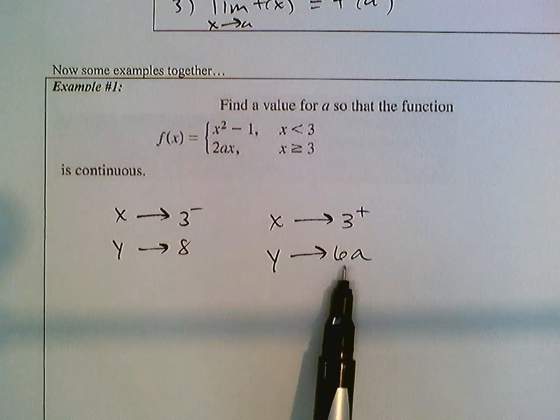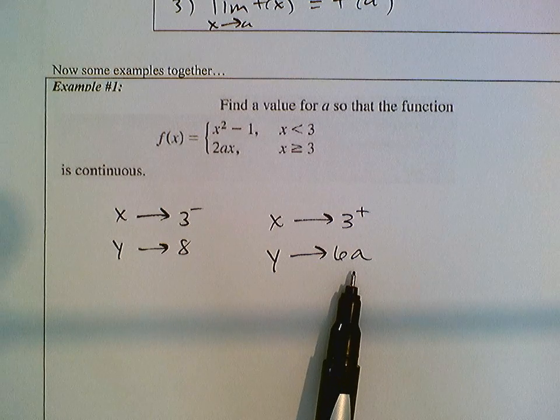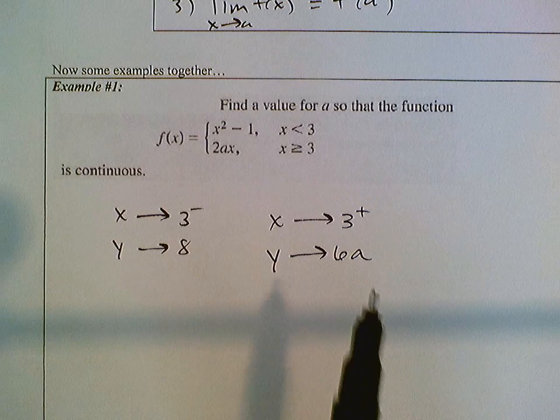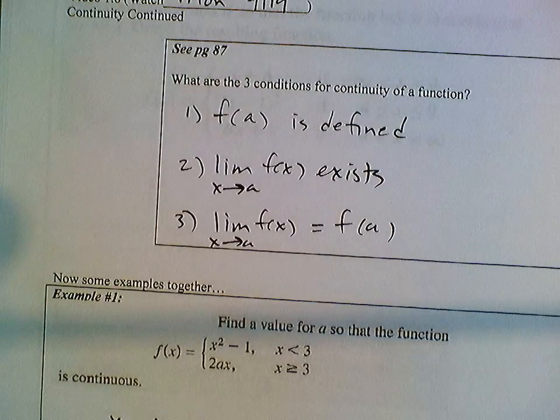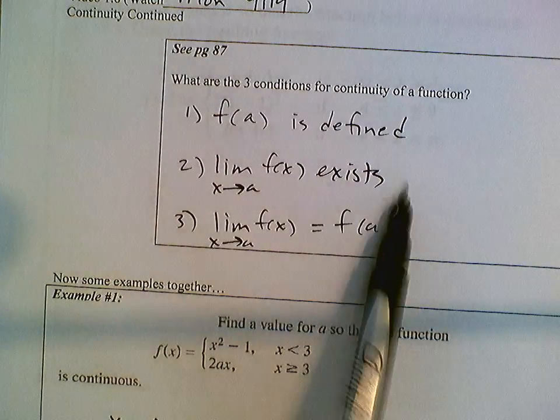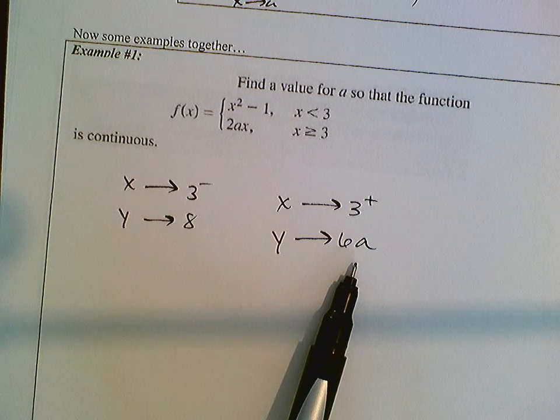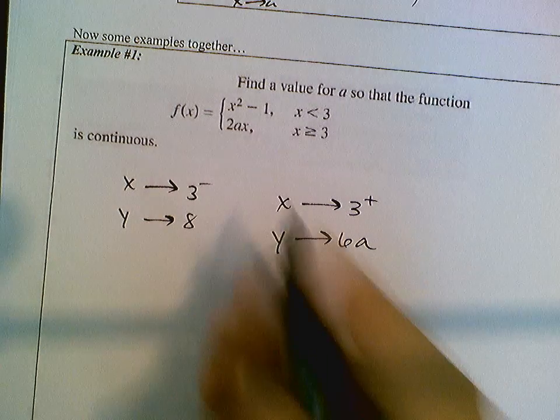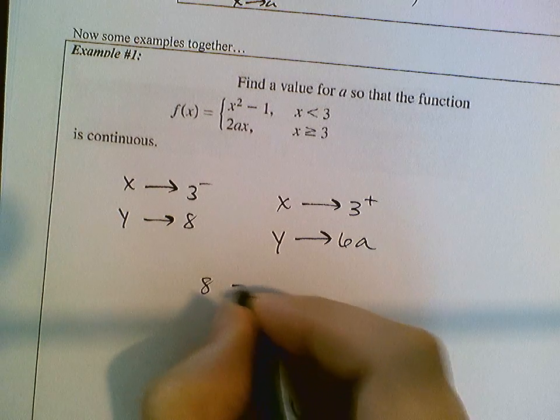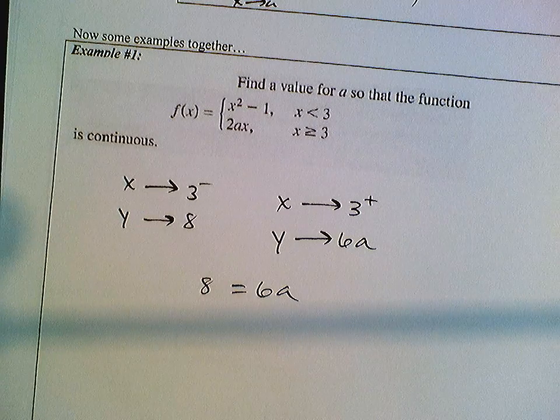If this is unclear to you guys, pause this and try to think about it. Now, in order for the limit to exist, in order for this second condition to happen, the left-hand limit and the right-hand limit must equal each other. So at this point, I'm going to set them equal.